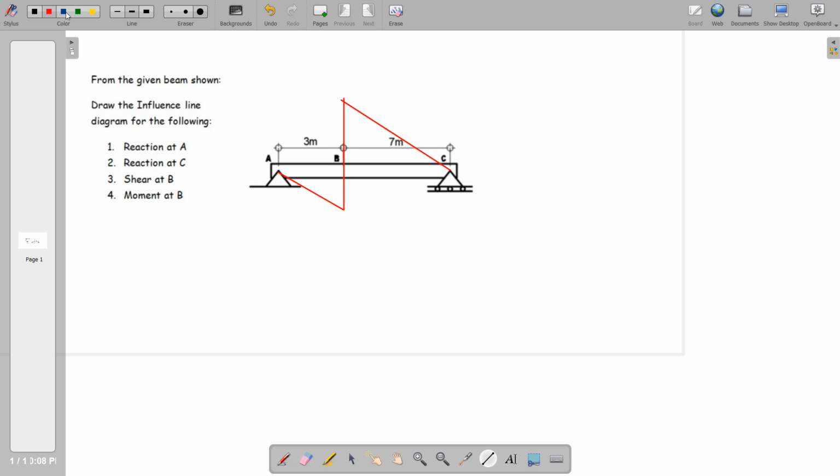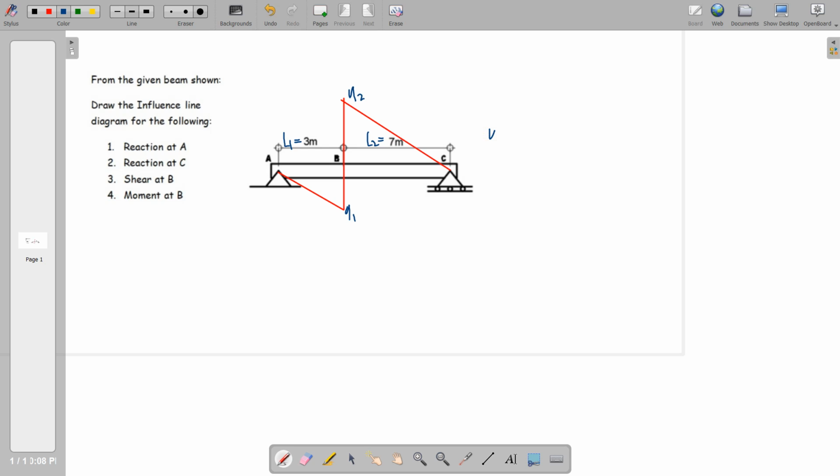We should note that this will be labeled L1, 3 meters, and L2, 3 meters. Say this is Y1 and that is Y2.